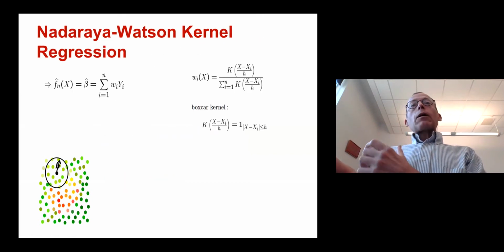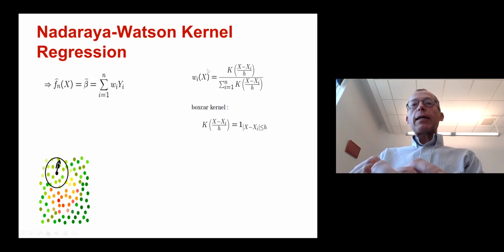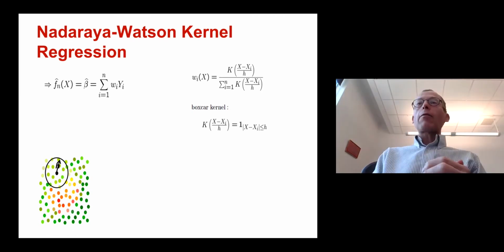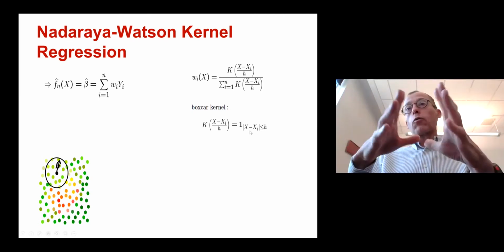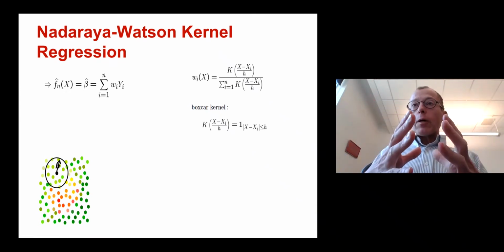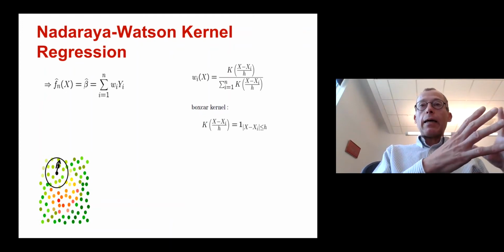So what is the kernel function? The kernel function is basically the weight that we put on the point. And there could be different kernels. For example, this is called the boxcar kernel. The boxcar kernel puts a weight of 1, or 1 over n, depending on how you normalize it, on all points within some box or some circle, however you define it, some distance around you, and puts a weight of 0 on anything outside that.